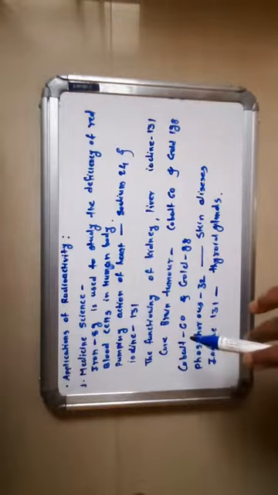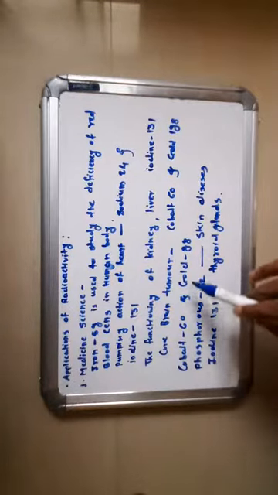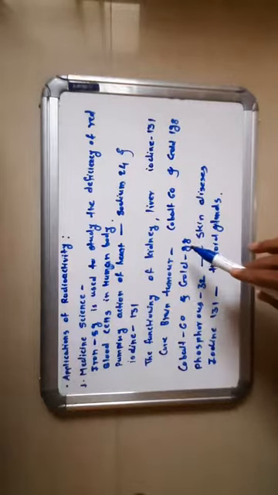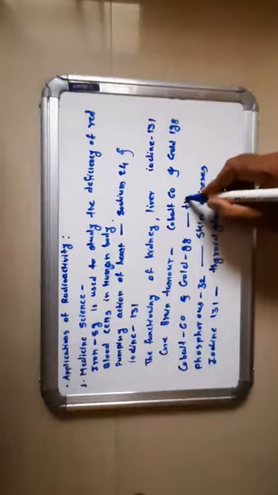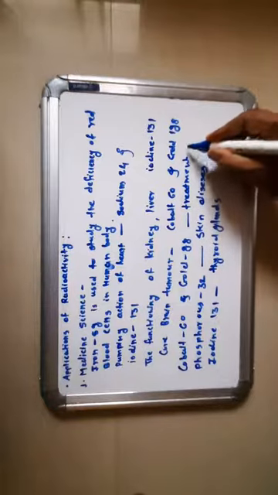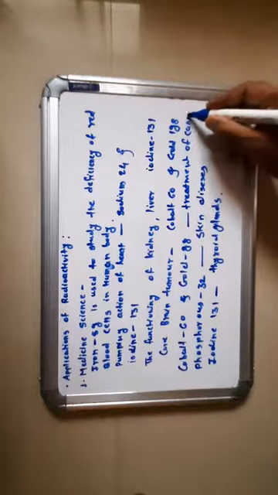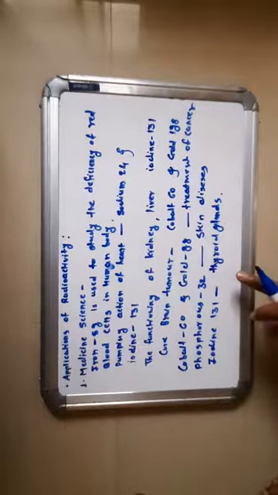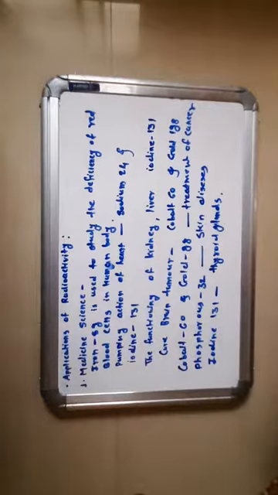To cure brain tumor, cobalt 60 is used, and cobalt 60 and gold 198 are used for the treatment of cancer. Okay. Then phosphorus 32 is used for skin diseases, and iodine 131 is used for treatment of the thyroid glands. These are the different applications of radioactivity in medicine science.